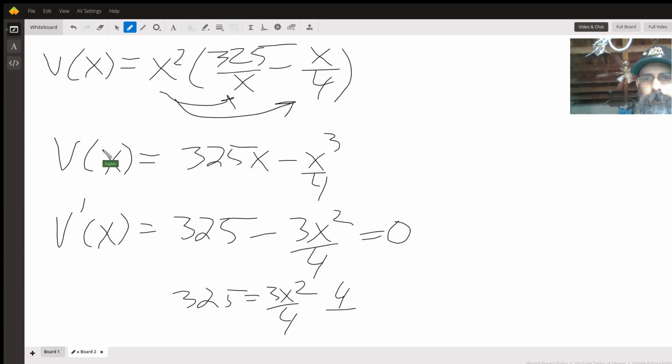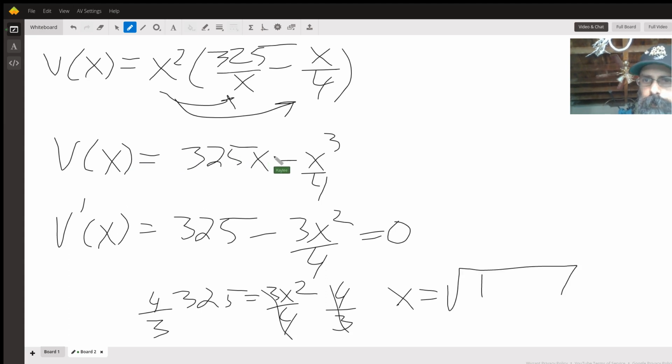Multiply both sides by 4/3 and take the square root, and you'll get that x ends up being the positive square root of 1,300 over 3. Technically you could get a negative root there, but since x is a side of a geometric object, we're only going to consider the positive value. The negative value is just erroneous in this case.